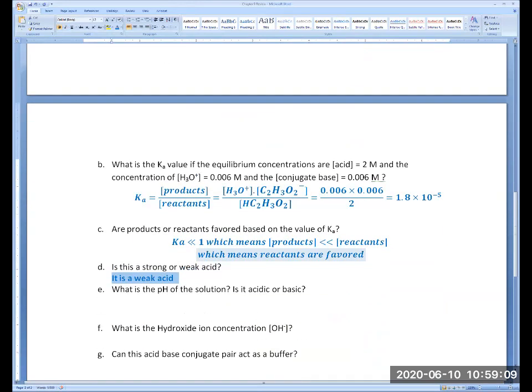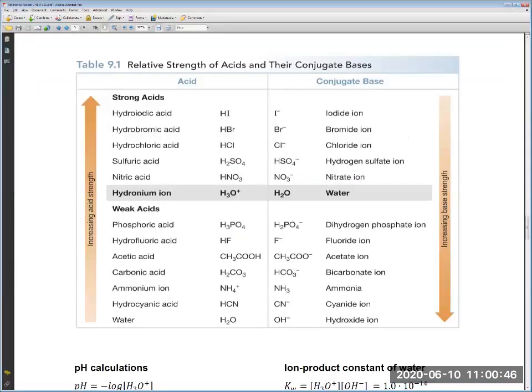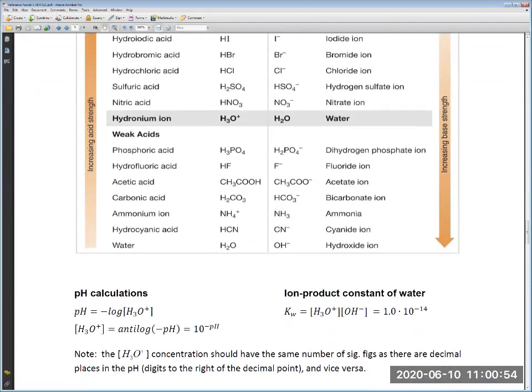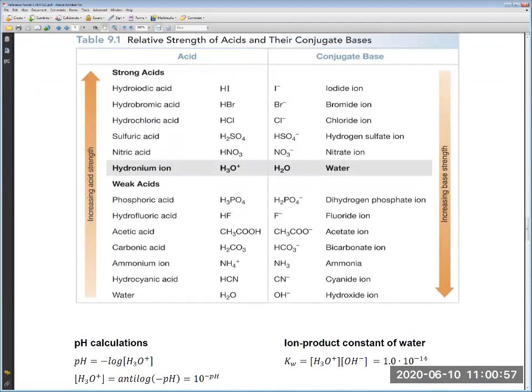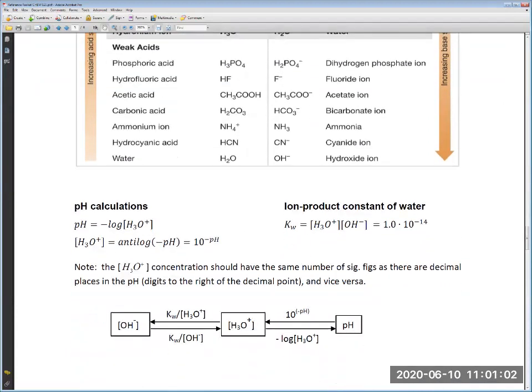Okay, so now, what is the pH of the solution? If you go back to the reference packet, page 5 of it, below the table where it lists the acids and conjugate bases, you have these formulas for the pH and the ion product constant of water. But here, first, let's look at the pH.